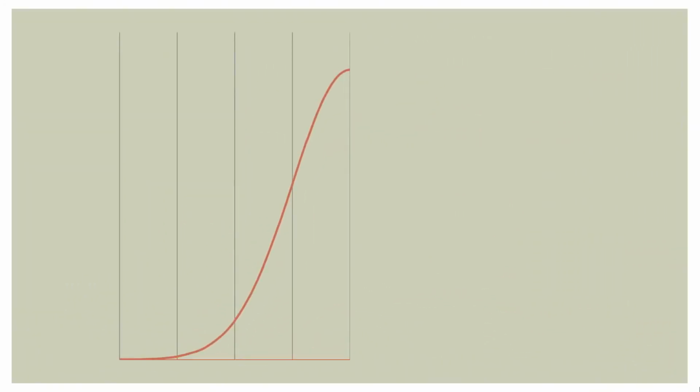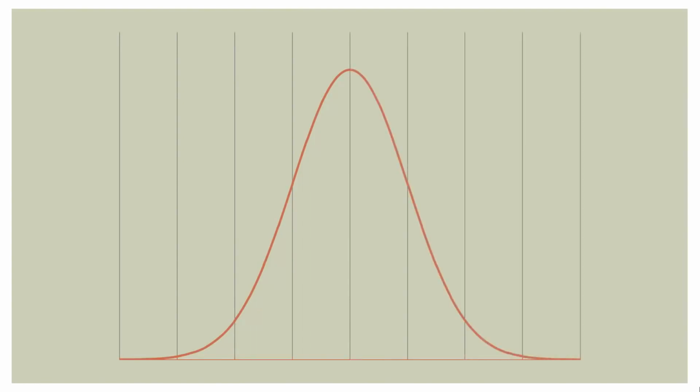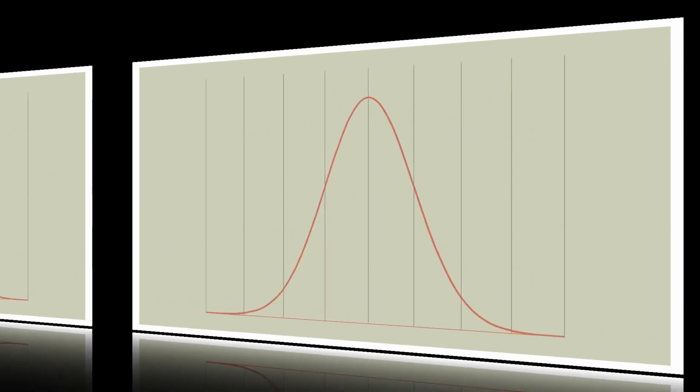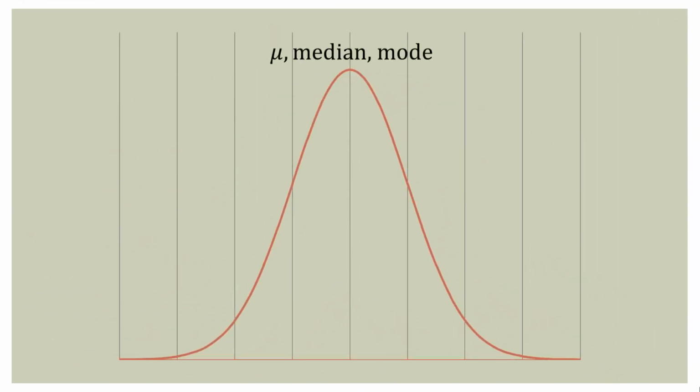Another characteristic of the normal curve is that it is symmetric. So it has symmetry down the middle. The left half is the exact same as the right half when we're talking about the perfect theoretical normal distribution. Now the high point, or the top of the normal curve, is the mean, the median, and the mode. So the mean, the median, and the mode are the same thing, right there.